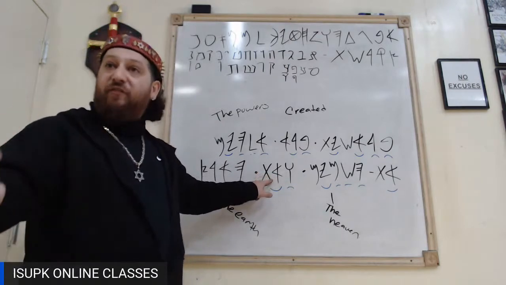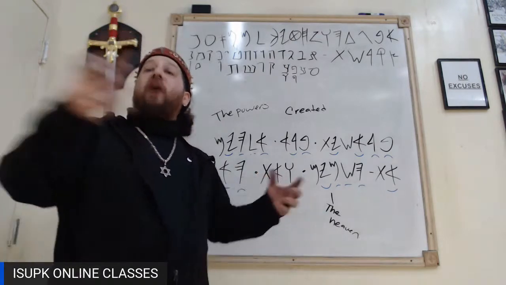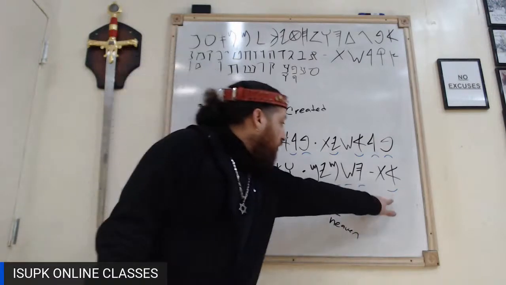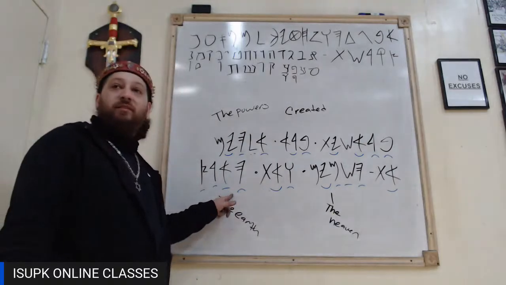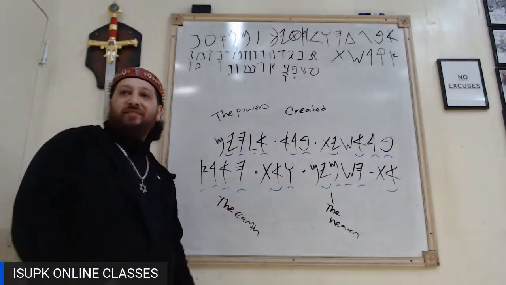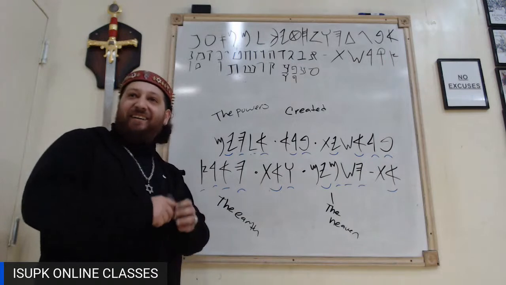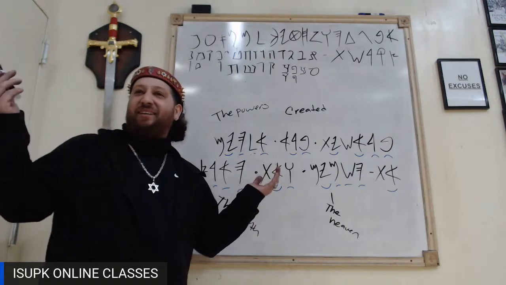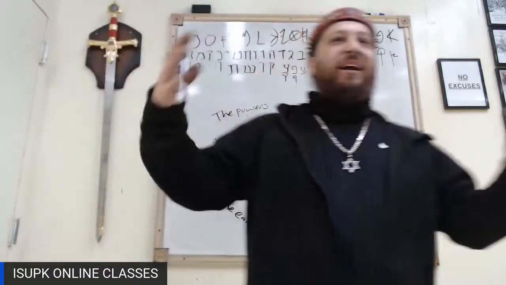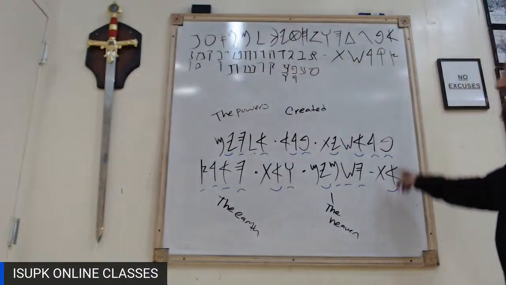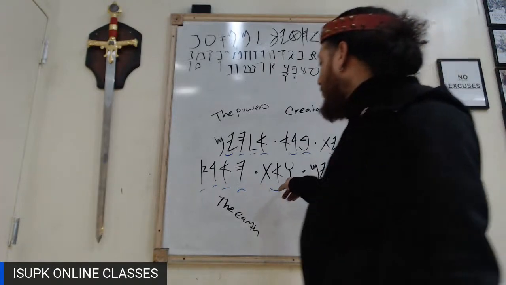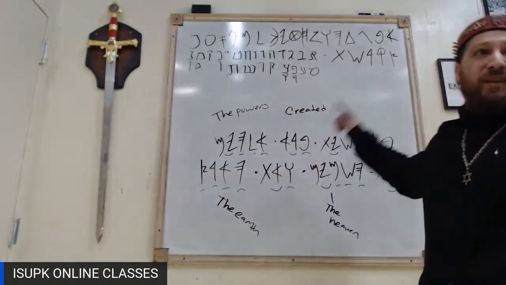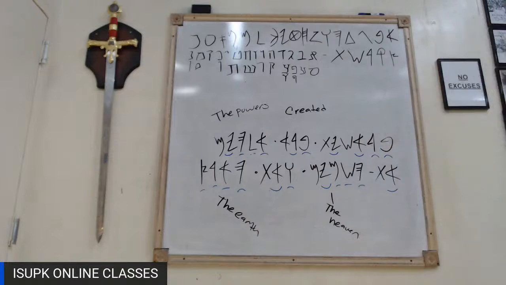And ath is the marker meaning another object was created, specifically the earth. Sick, right? All you had to learn was a little grammar. Now it all gets pieced together. Bereshit bara alahayim ath hashemayim wa'ath harataza. In the beginning, the powers created the heavens and the earth.